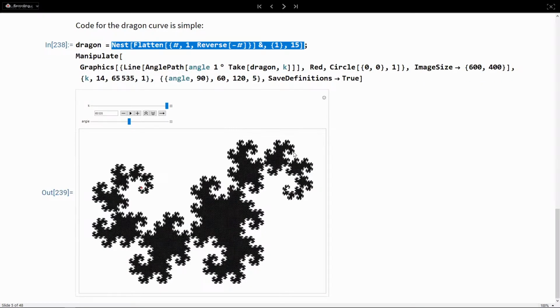Now notice that it's making this particular shape, this big blob here, which is repeated several times in different orientations, but in different sizes. And that's one feature of this particular fractal, you get these different shapes repeated.